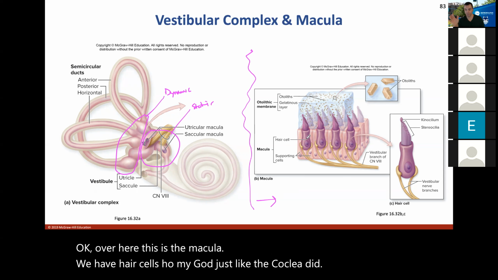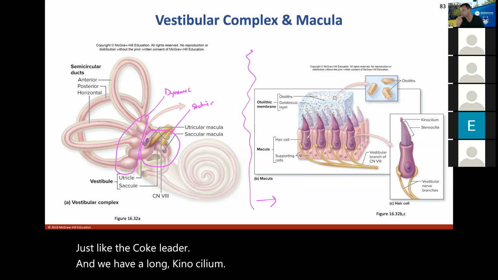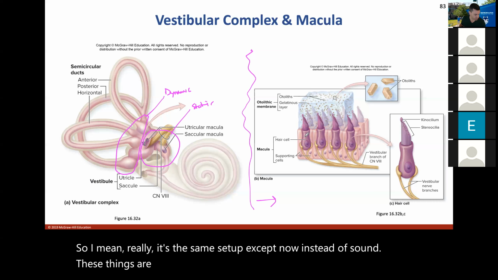We have basically stereocilium, just like the cochlea did. And we have a long kinocilium, just like the cochlea did. Okay. So, I mean, really, it's the same setup, except now instead of sound, these things are going to move and we're going to interpret where we are.